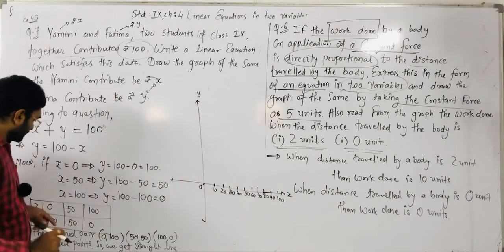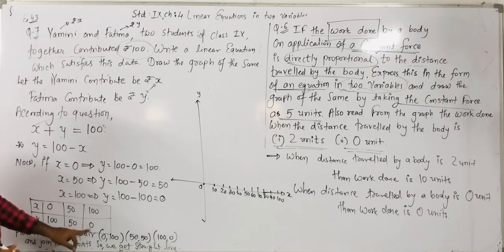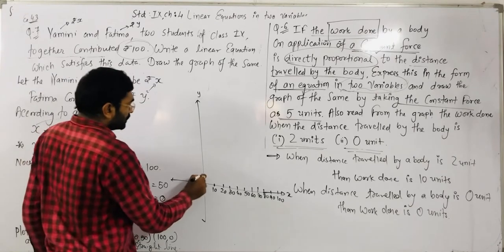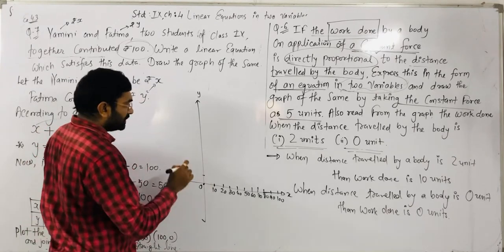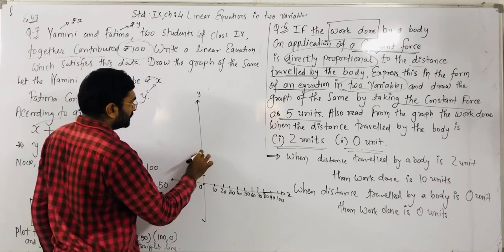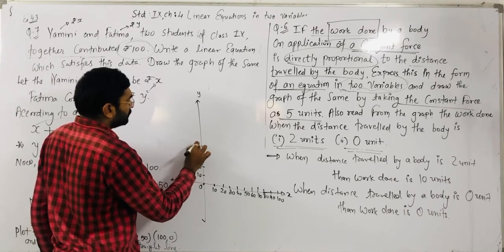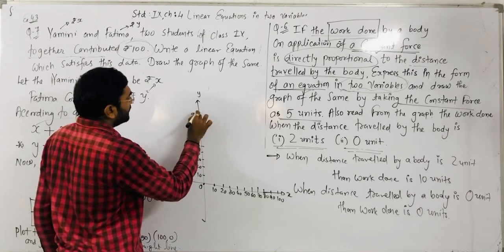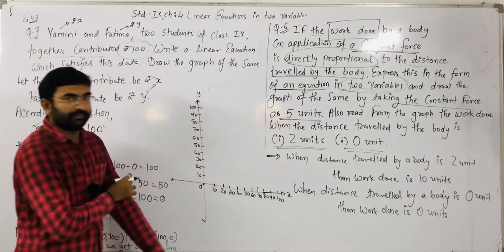Same way, on the y-axis minimum value is 0, maximum value is 100. So on the y-axis we go up to 100. As I told you, 1 centimeter is equal to 10 units, and 20, 30, 40, 50, 60, 70, 80, 90 and 100.